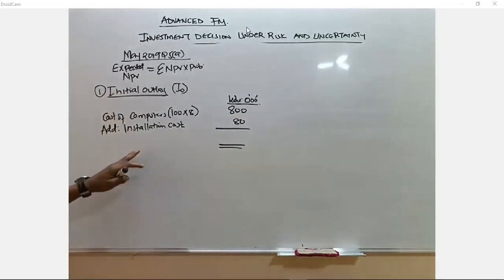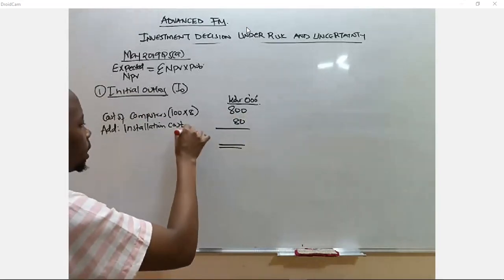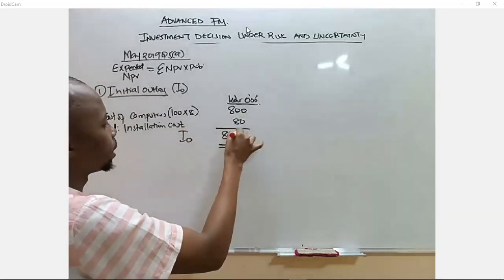Now we are told very well by the same examiner that we don't have investment in working capital. So your initial outlay here is 880.